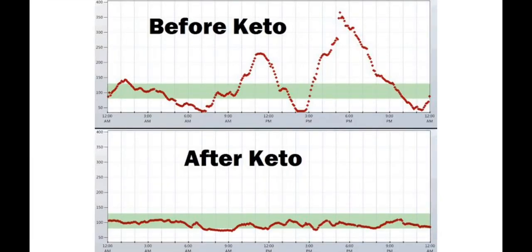So the concentration of glucose in blood, if it was oscillating before, every time we were eating, like breakfast and lunch and dinner, gets stable. It gets stable because our liver is producing as much glucose as is necessary from fat and from protein, and mostly from fat. 10% of fat can be converted to glucose.